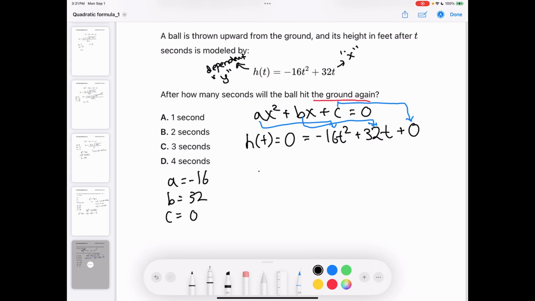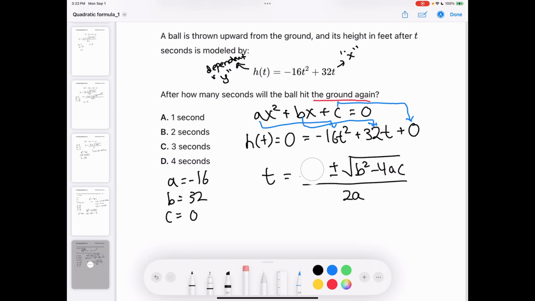And in this case, our quadratic formula is t instead of x, equals negative b plus or minus square root of b squared minus 4 times a times c, divided by 2 times a. Okay, so let's plug in the numbers.